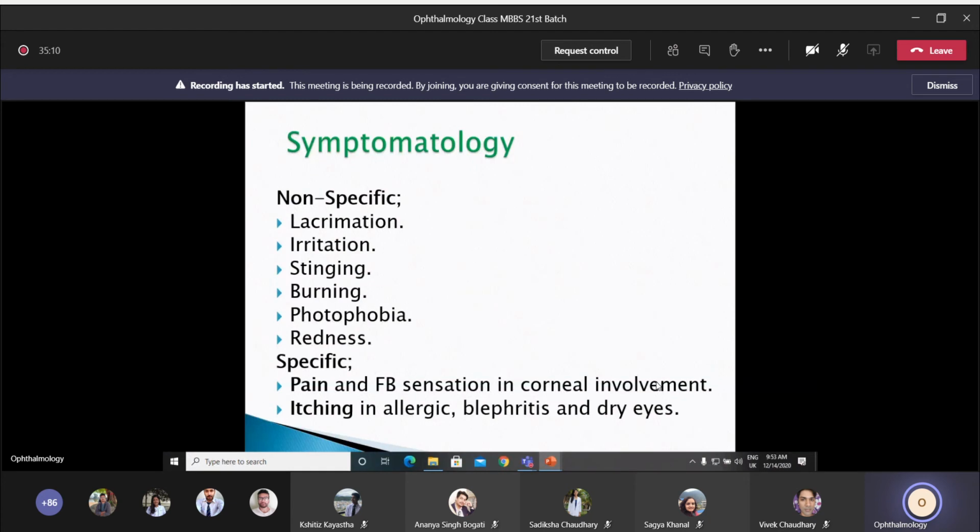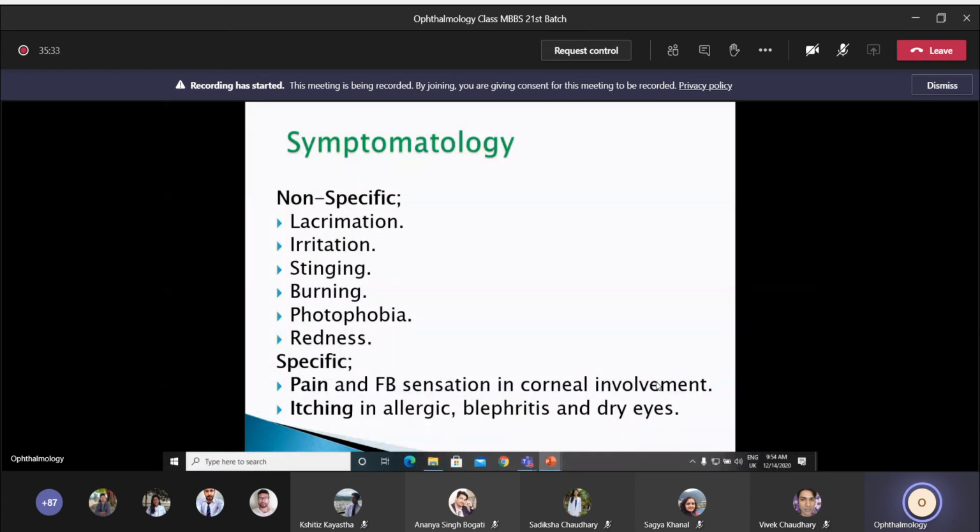Now coming to the symptoms or the symptomatology in cases of patients with conjunctivitis. As we all know, most of you must have had some episodes of conjunctivitis. Okay, so conjunctivitis is a case of red eye, but however it is a case of painless red eye.